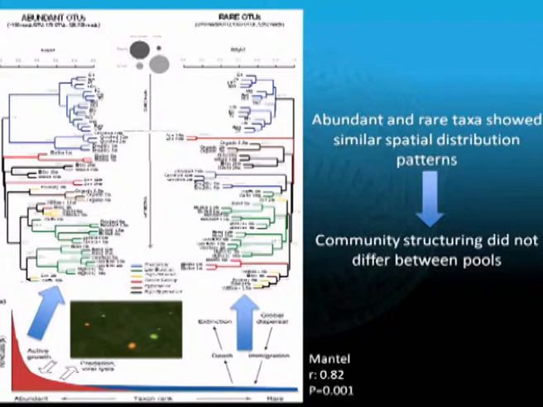So we could say that, at least for this, the community structuring between these pools has been pretty similar, or the factors that have been structuring these communities have been acting in both of them. So the rare biosphere, at least in this case, doesn't seem to be just a random accumulation of resistant or sleeping bacteria which accumulate here and there. They seem to be affected by the environment.